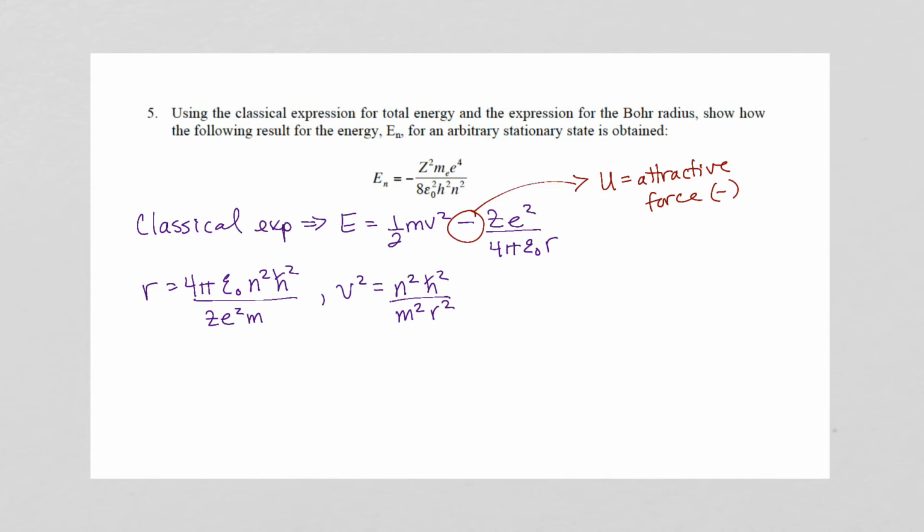Okay, so our equation for our radius, we can pop that in there, and also right there. And then our equation for velocity can get popped in right there. So just substituting these lovely equations in there, we should be able to end up with something that works out for us.